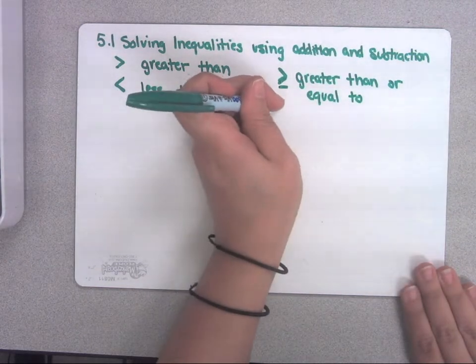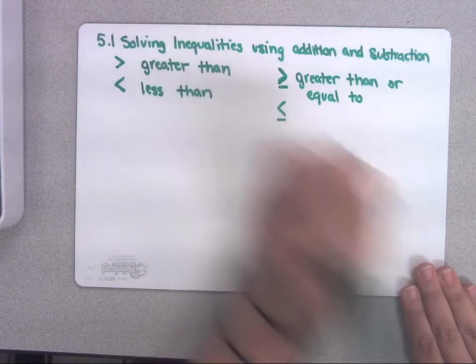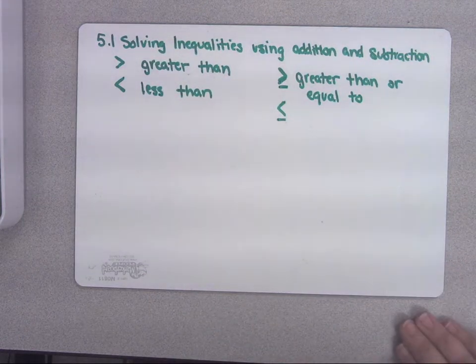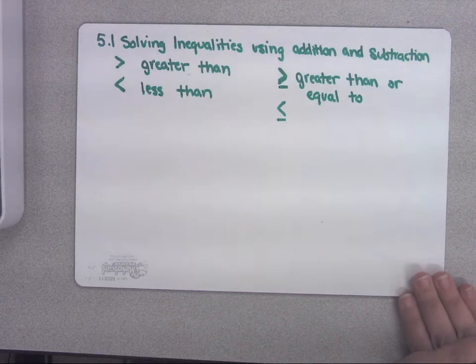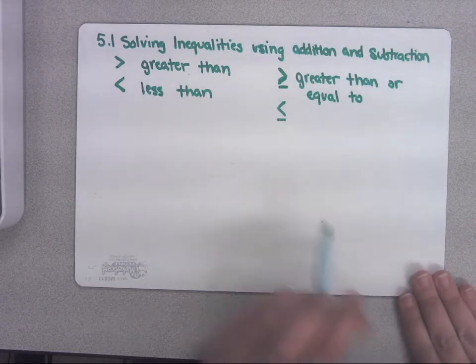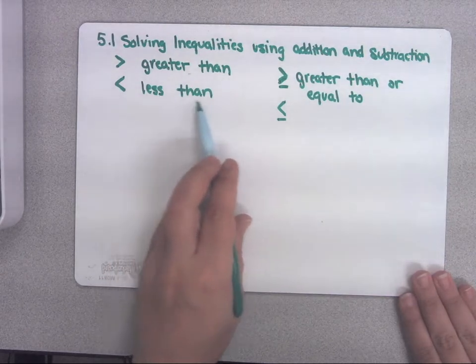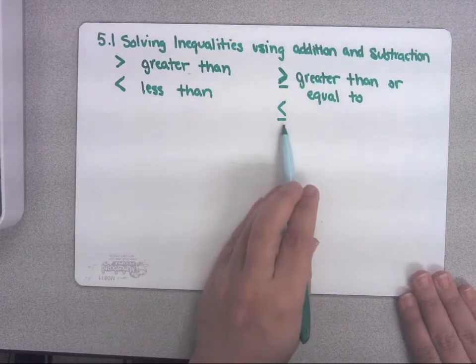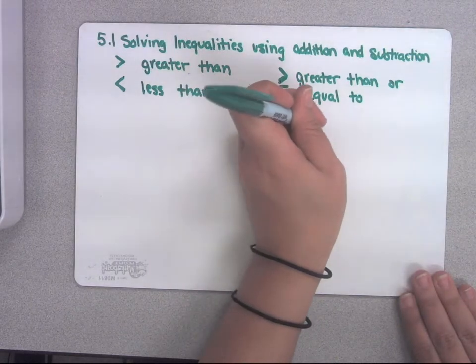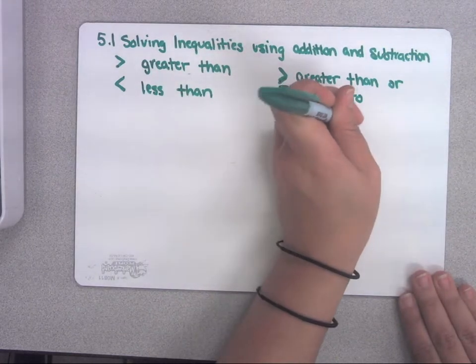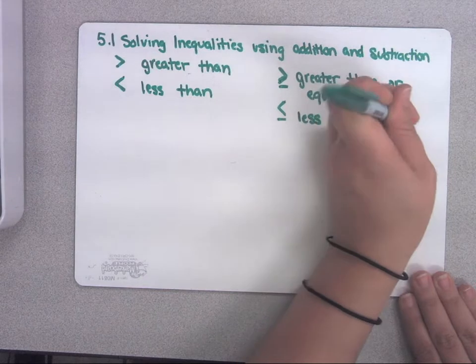Then if I take the less than one and put a line underneath it, Hunter, can you take a guess what this one's going to be? Yeah, take a guess. Yeah, less than or equal to.